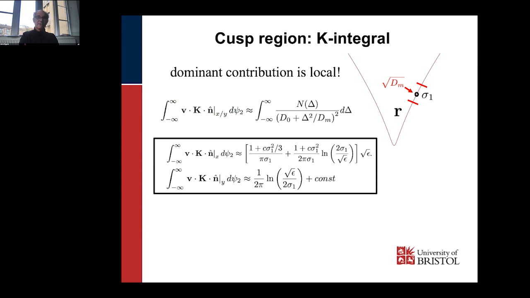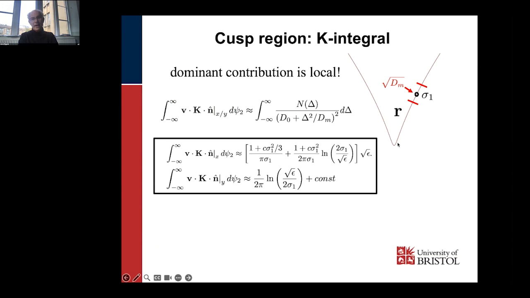And as an additional insight, there's the interesting observation that this tip region is actually a closed solution in its own right.